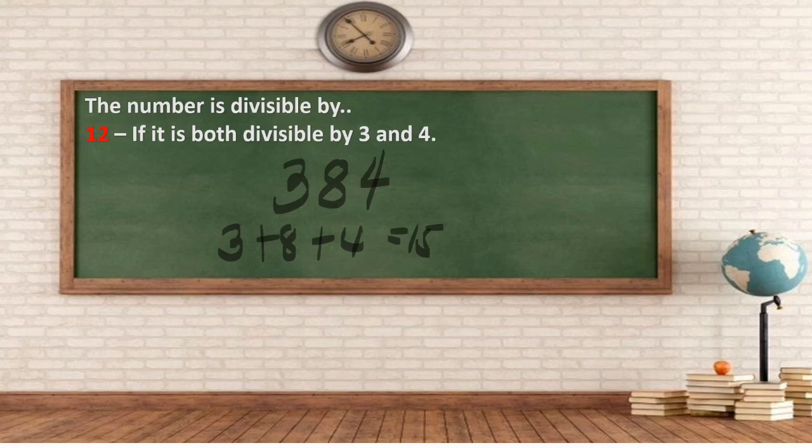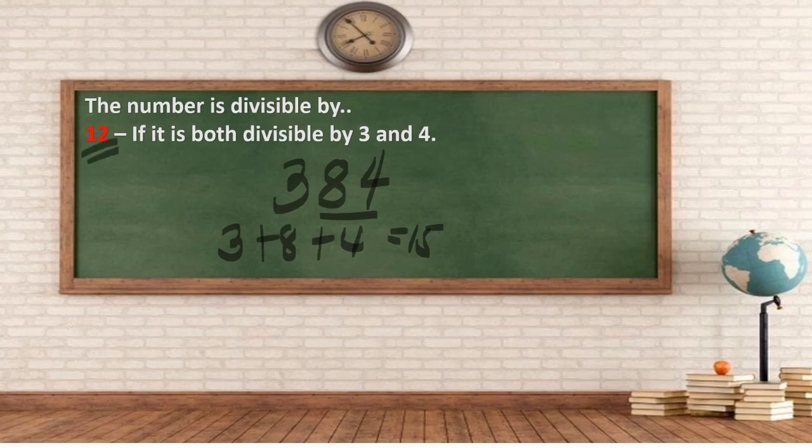So 384 is divisible by 3. Then this is also divisible by 4 because the last 2 digits are divisible by 4. So 384 is also divisible by 12.